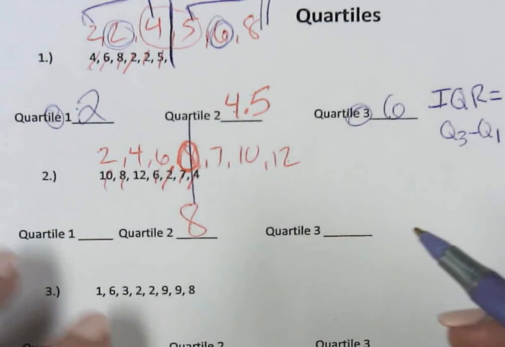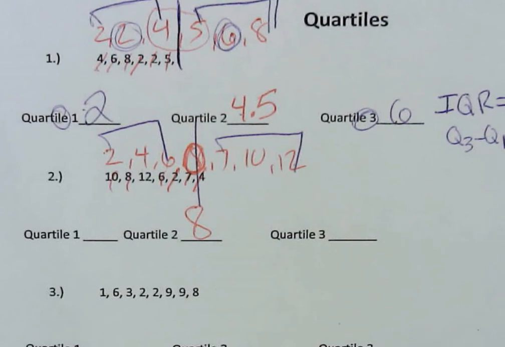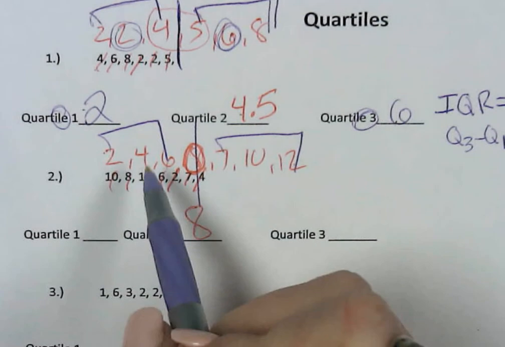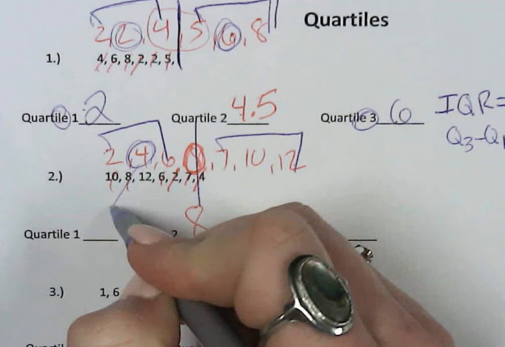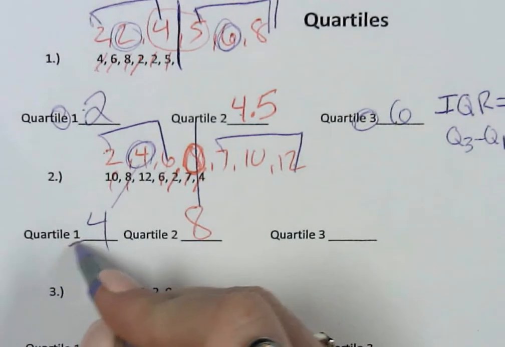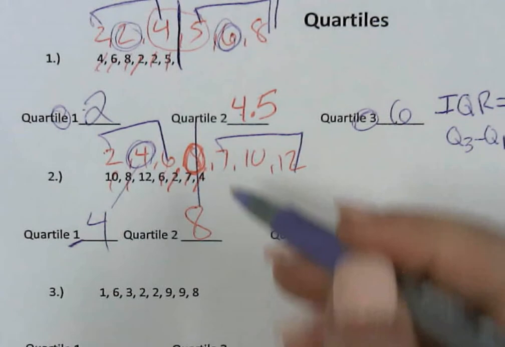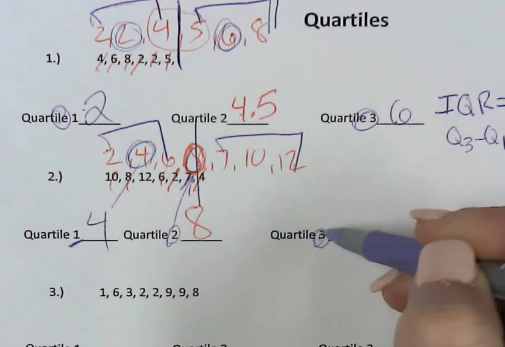So now let's look at the first section and the second section, and we're finding the median of both of those. So for our lower numbers, the lower quartile, our middle number is 4, and that's also known as our Q1. Think of Q1 as our first section, the median is our middle, our second section, and Q3 is our third section.